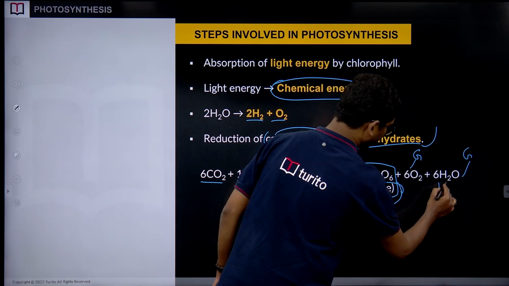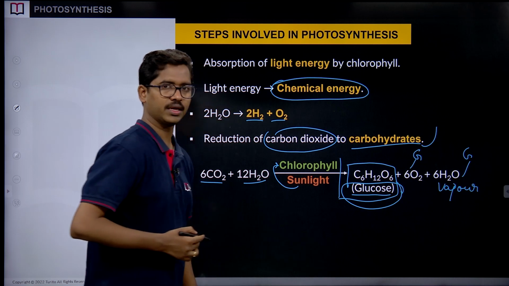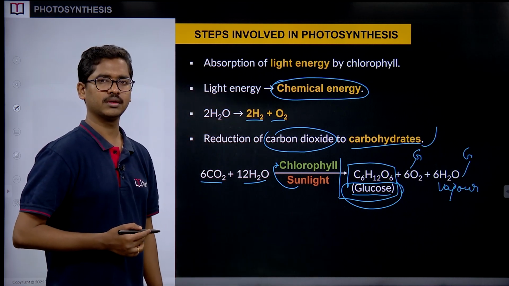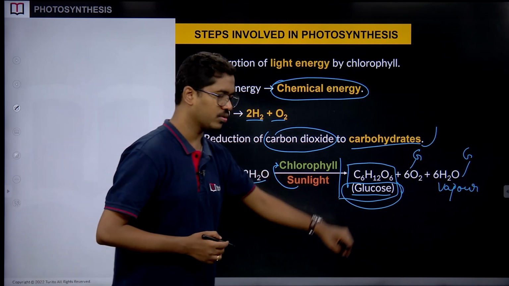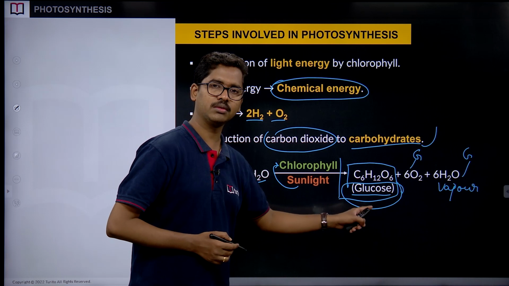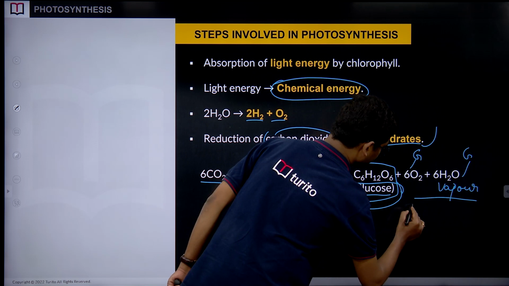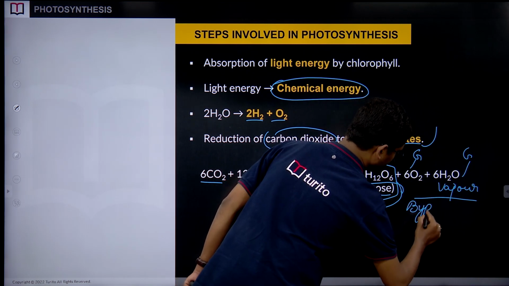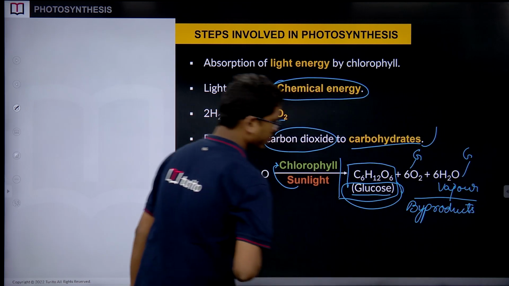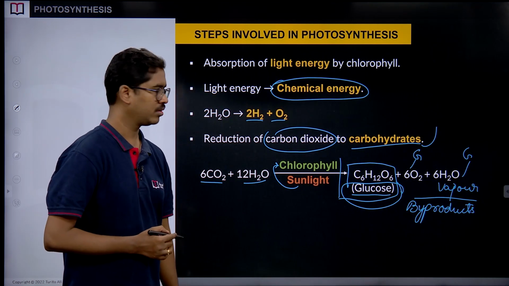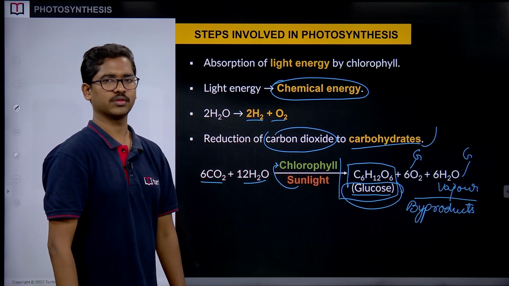By gas, we understand the vapor, which is not in the liquid state. So, our interest is in glucose. This one is the main product, and these two are known as byproducts. This is how the various steps are involved in the process of photosynthesis.